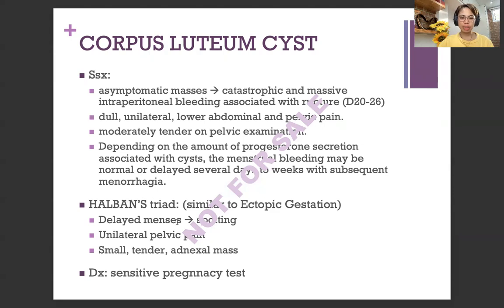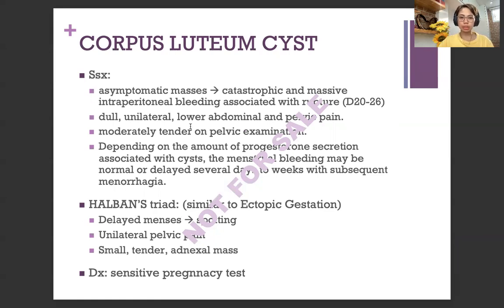Here, Halban's triad, because of course it presents with a ring of fire, and they have the same symptoms of delayed menses, or it can present with spotting. There is pain in the pelvic area or the adnexal area, because a hemorrhagic corpus luteum cyst is painful.